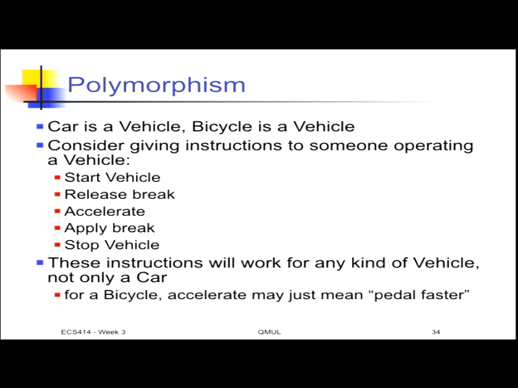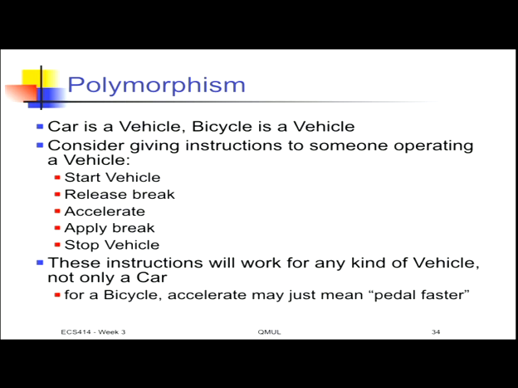We have seen examples of, say, car is a vehicle, bicycle is a vehicle, so car is a subclass of vehicle, bicycle is a subclass of vehicle. Now, consider some statements that we describe at the level of a vehicle. Vehicles are things that move, so we can think of start vehicle, release brake, accelerate, apply brake, stop vehicle.